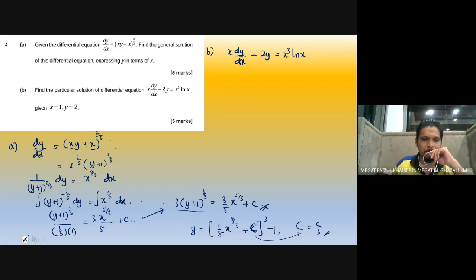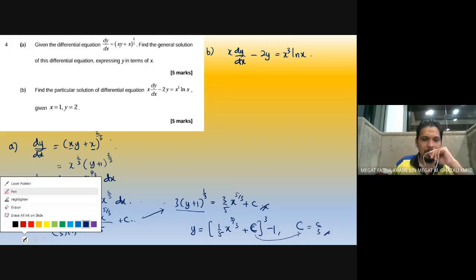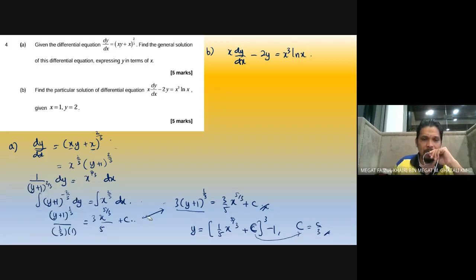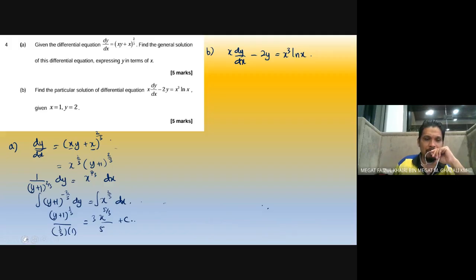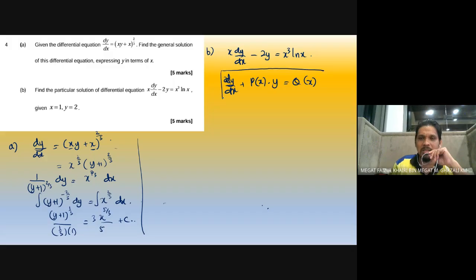So now class, for this question of integrating factor, okay, this is our reference: dy/dx plus p(x) times y equal to q(x). This is the standard form that we must get before we state what is our p(x), q(x), and v(x).